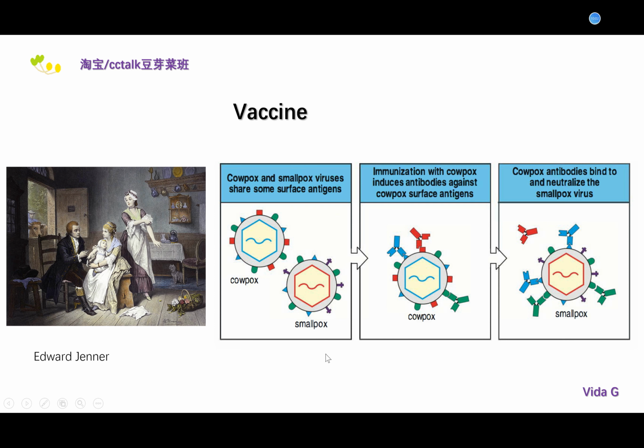So the immunity developed by the cowpox infection will naturally convert to smallpox infection.